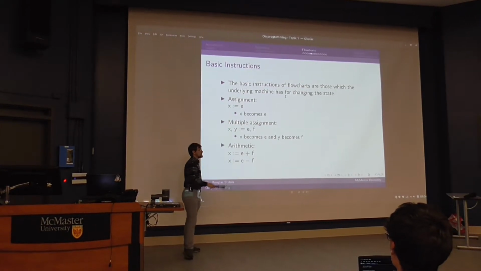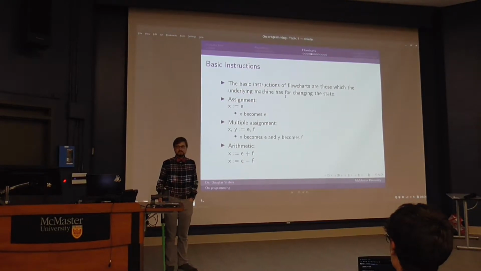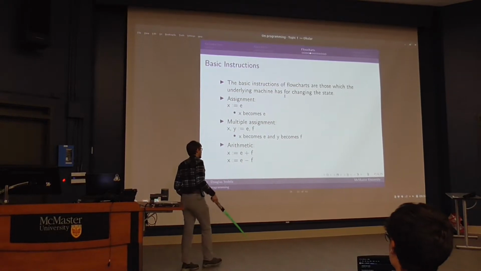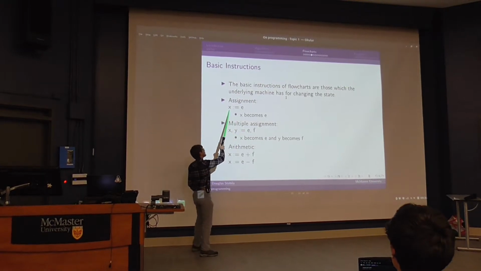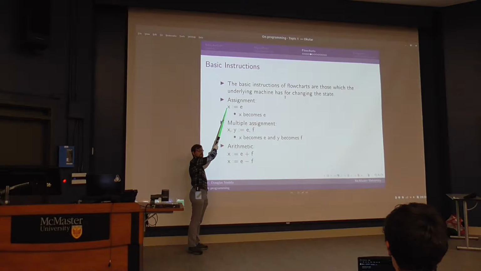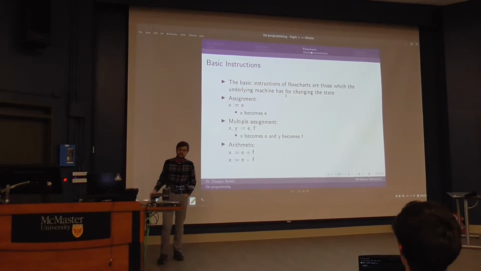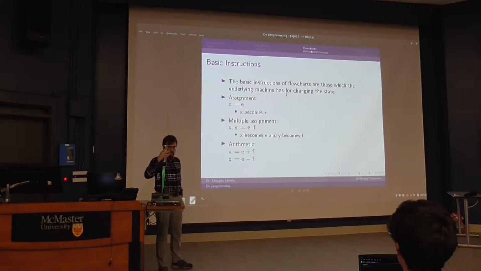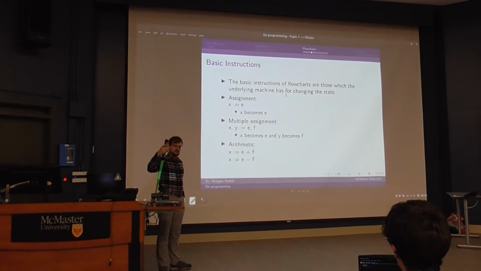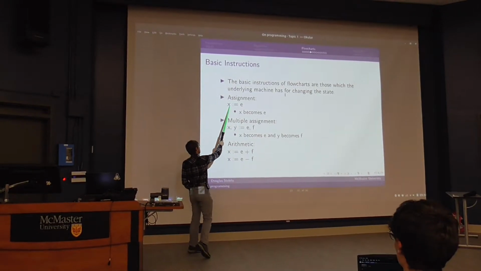So, assignment is your basic operation of memory manipulation. It's very simple. On this side, you specify the memory cell that is getting the new value. On this side, you specify an expression which the computer calculates. The calculated result is stored in the indicated variable.